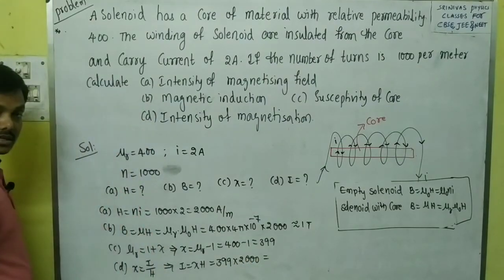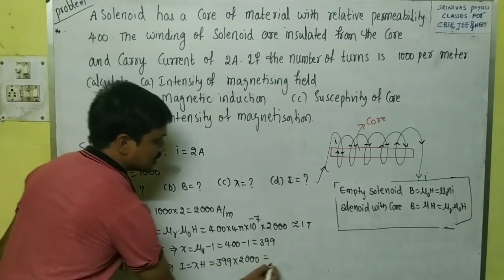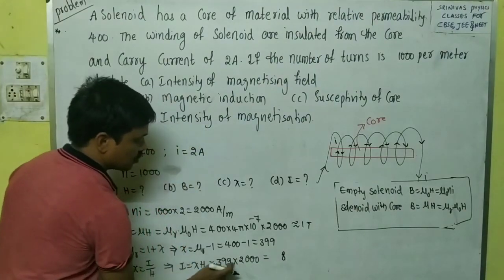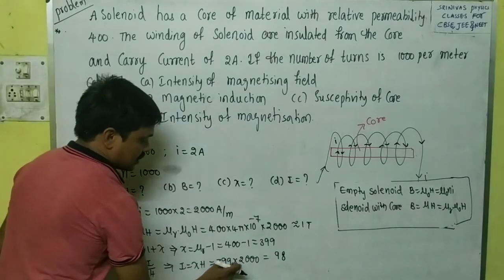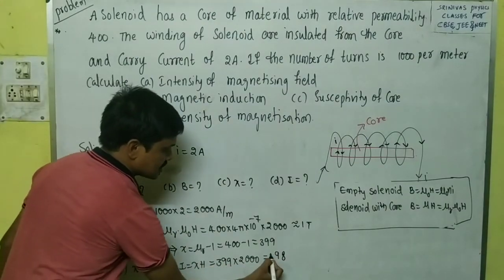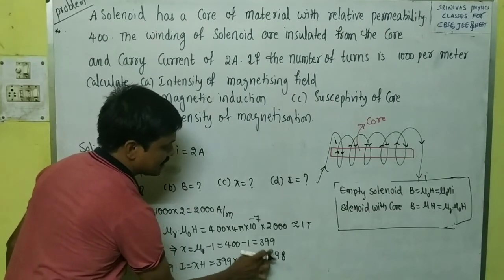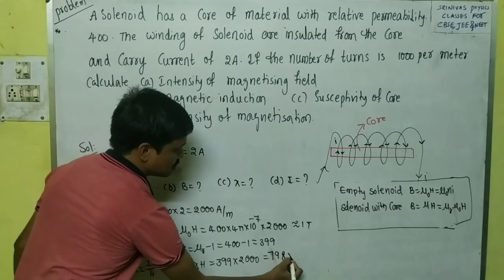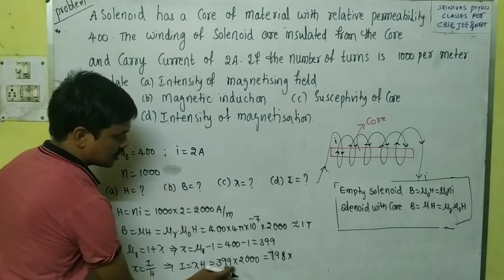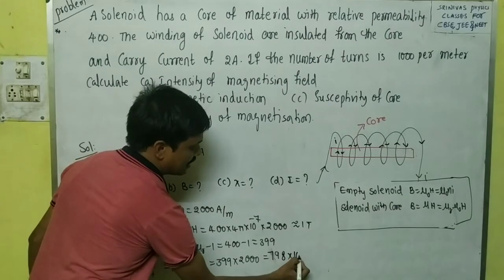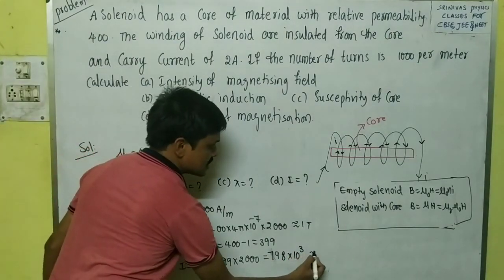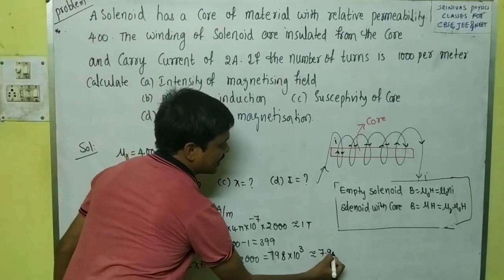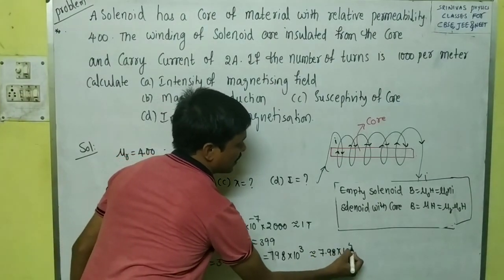Multiplying, we get 7.98 into 10 to the power of 5.